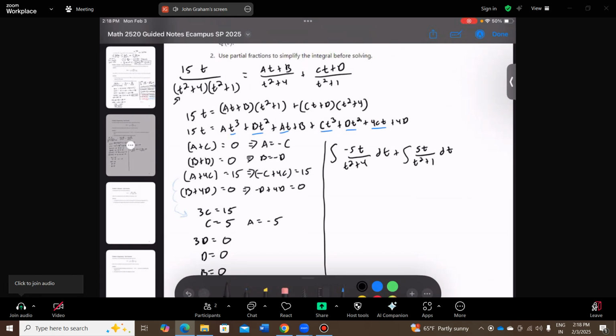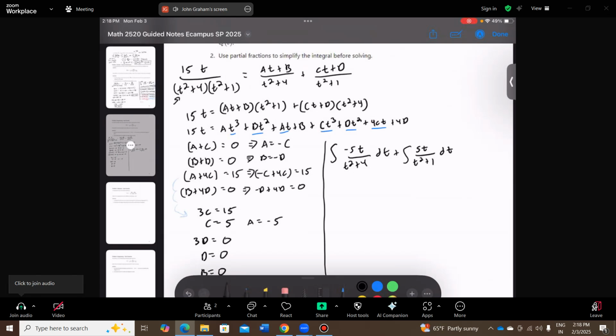One thing with these is you have the t in the top. These are going to have a natural log of t squared plus 4 or natural log of t squared plus 1. And then if you were to take the derivative, you get a t coming out from inside, so we have to take that into account.